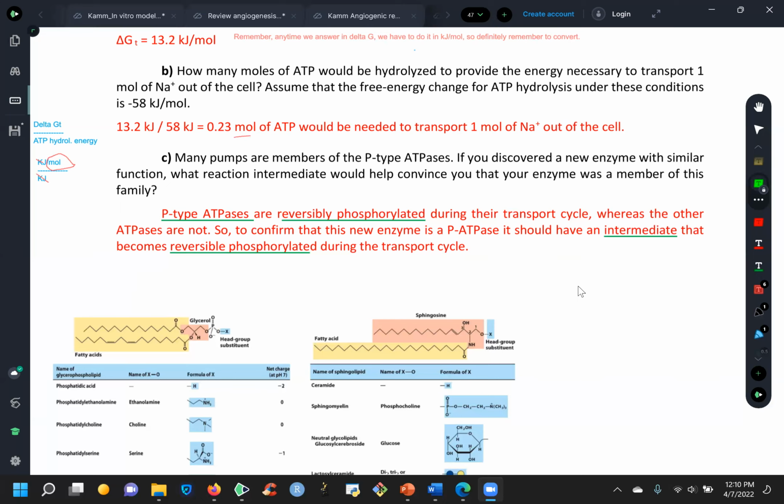Step two would be phosphorylated. And step three is again not phosphorylated. So this was reversibly phosphorylated. It was reversible because you can add the phosphate and you can also remove it. For some enzymes, it's not reversible. So that's how you can tell that this is a P-type ATPase.